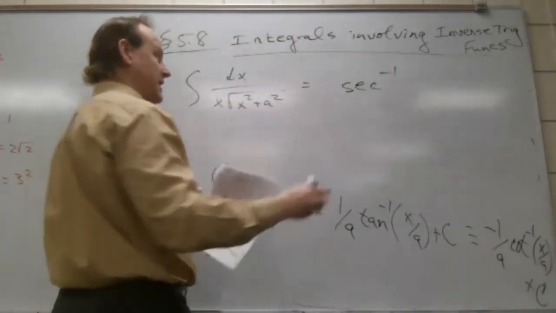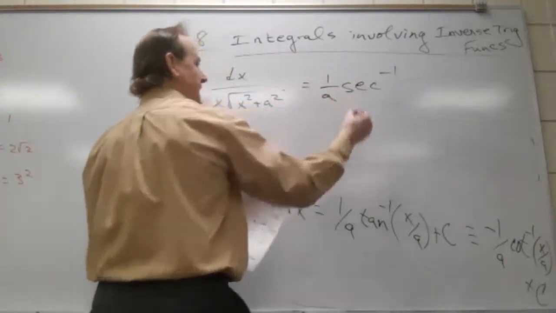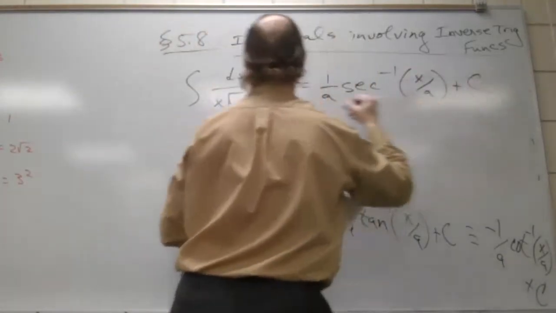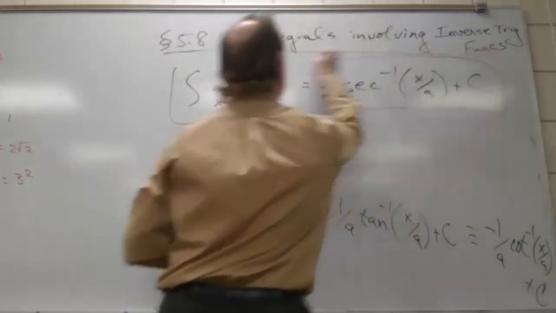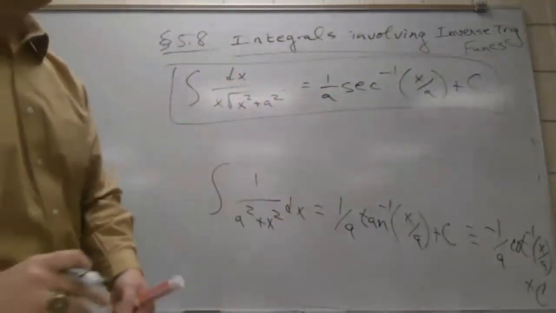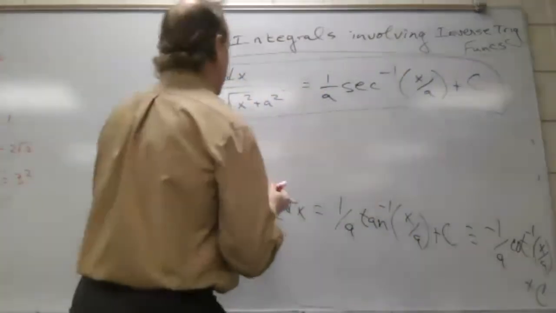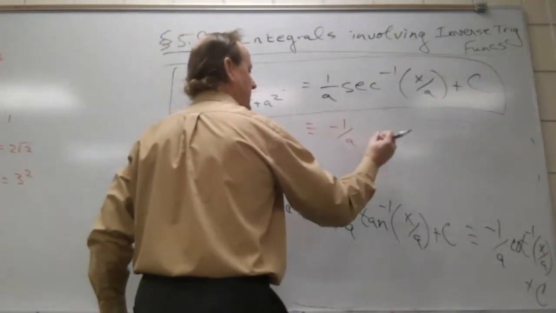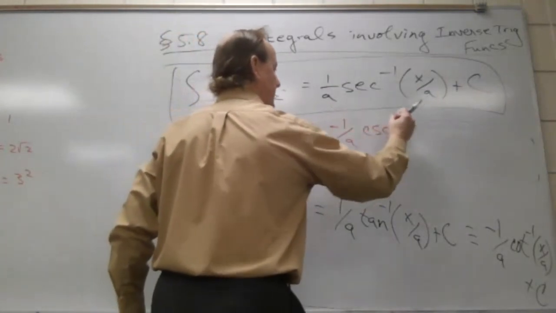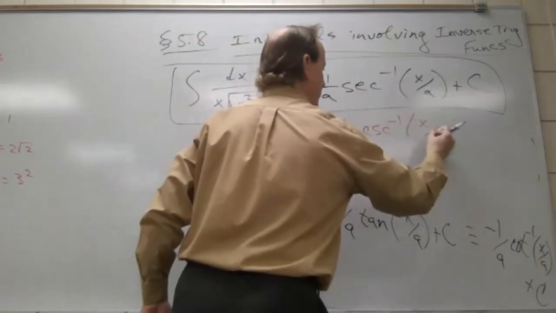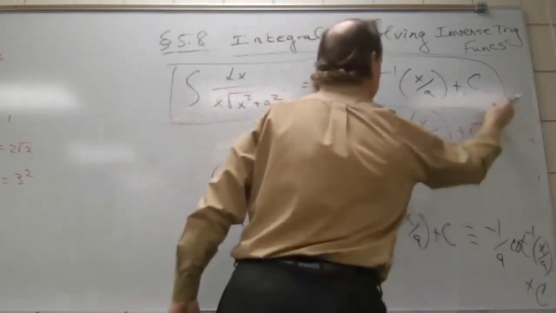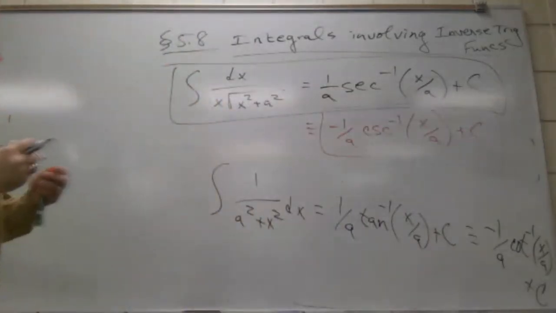But once again, here I have the 1 over a factor in front, the x over a here, and then plus c. So I do have that 1 over a factor for this one. And then, of course, this is also equivalent to minus 1 over a arc cosecant of x over a plus c, just because of the way those derivatives work.